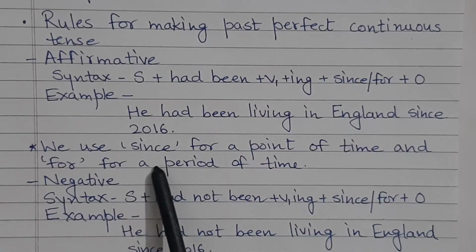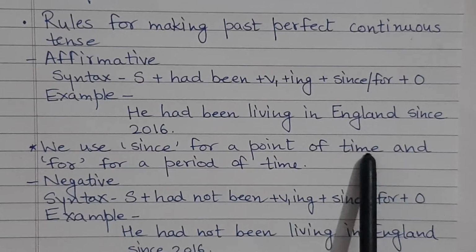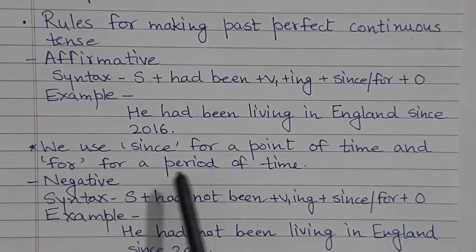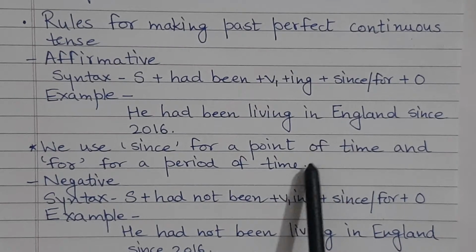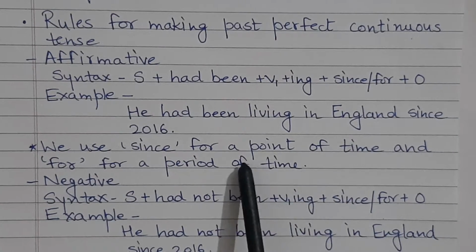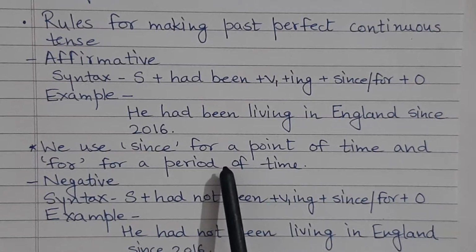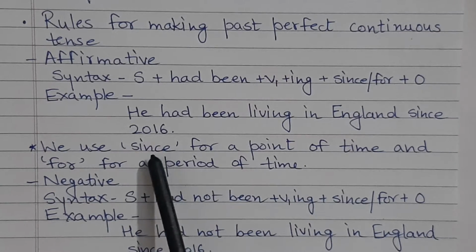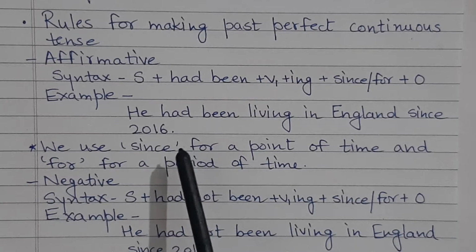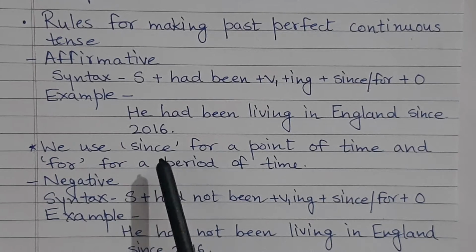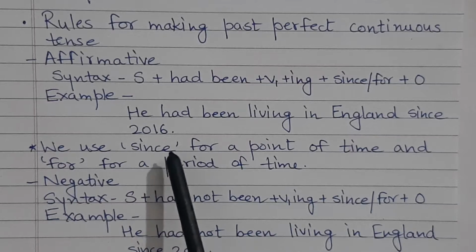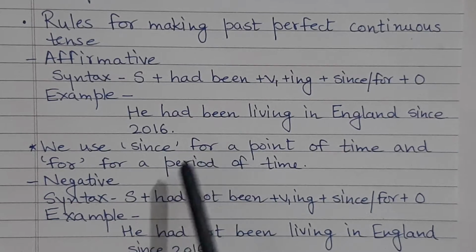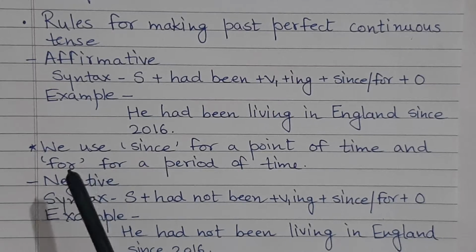We use for for a period of time when time is not fixed, like for 2 hours, for 3 days, for few weeks. And since is used for a point of time, for fixed time, like since morning, since Monday, since 2016.